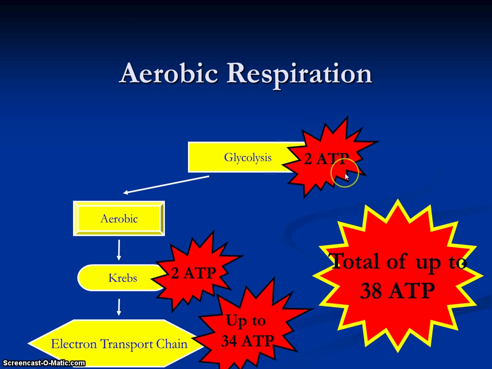You get 2 of them produced when glycolysis occurs. You'll get 2 more produced when the Krebs cycle, or the citric acid cycle, occurs. And then you get that really large bang of ATP production in the electron transport chain. So aerobic respiration is the most efficient. It gives us the most amount of energy produced, and through each aerobic respiration process you get 38 ATP molecules produced. So that's by far the most.